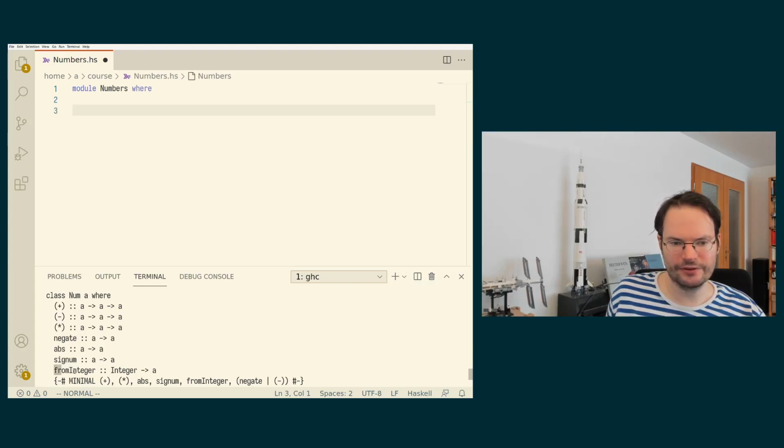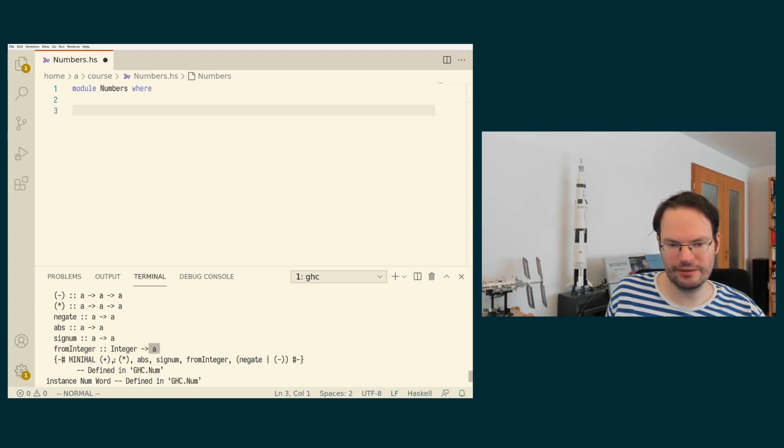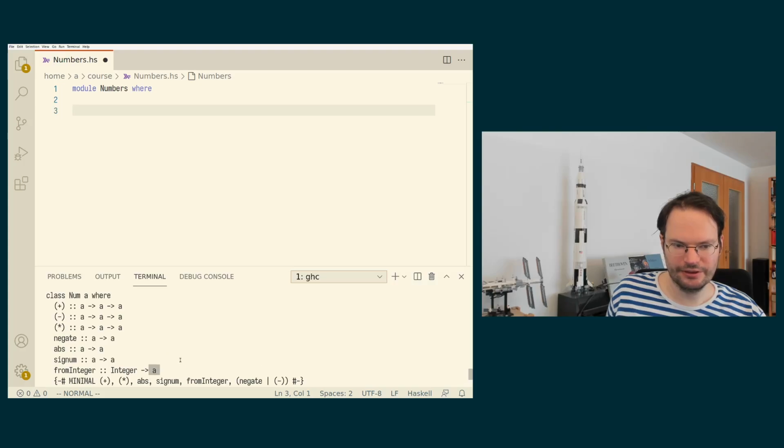And then we have this function fromInteger, and that is taking an Integer into something of this type. And then we have a minimal pragma, which is actually a little bit complicated, so we have to give at least plus, times, abs, signum, fromInteger. And then we still have to give negate or minus, one of the two.